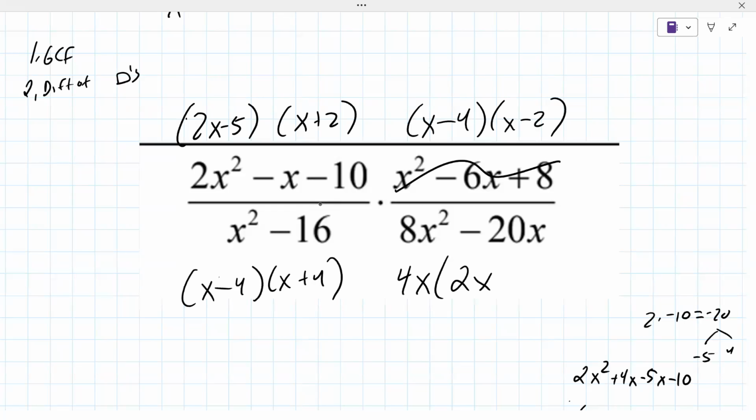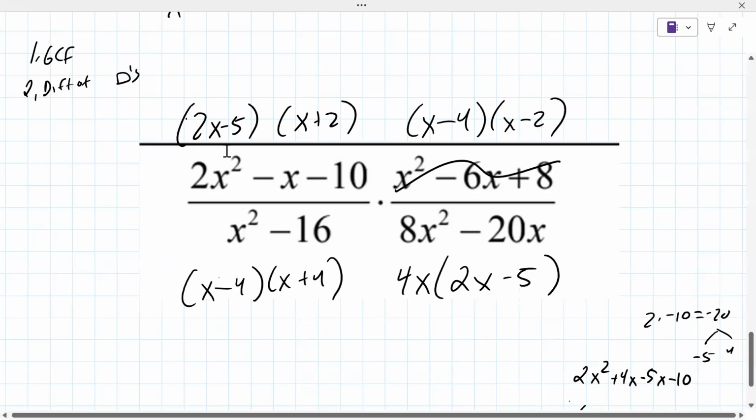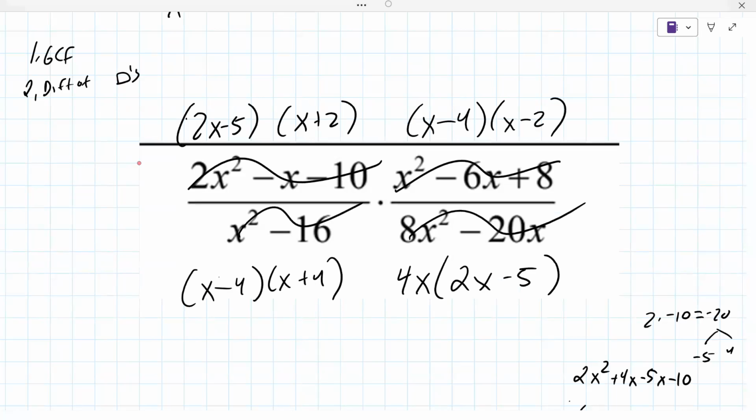Yeah, that might have been an indicator that, hey, try 2x up here with the guess and check approach. Another note here is that I'm crossing them out so you don't get distracted by this. You just cross out stuff that matches. It's the same: x minus 4, 2x minus 5.